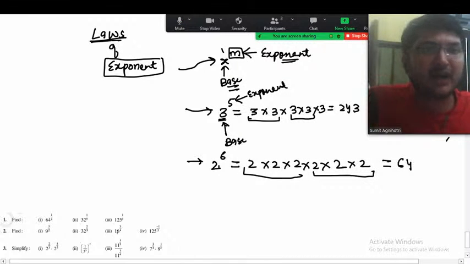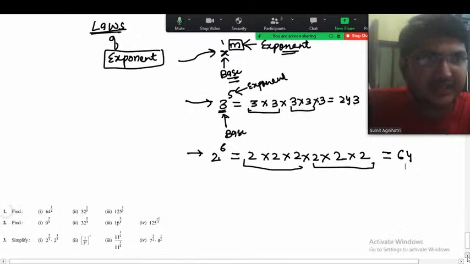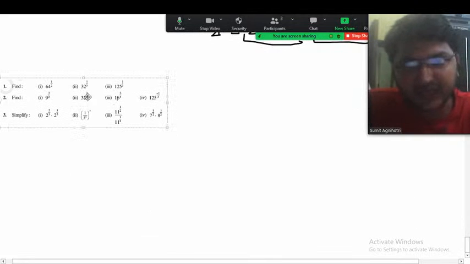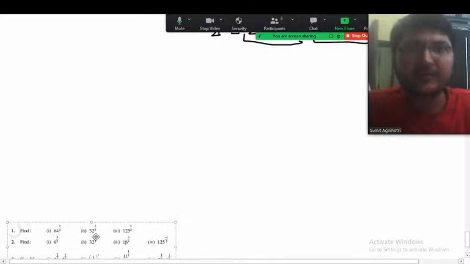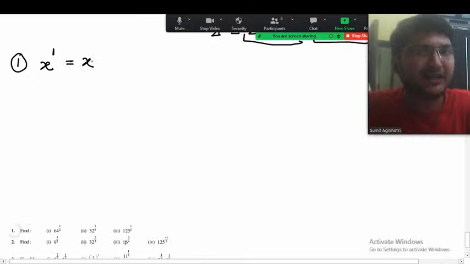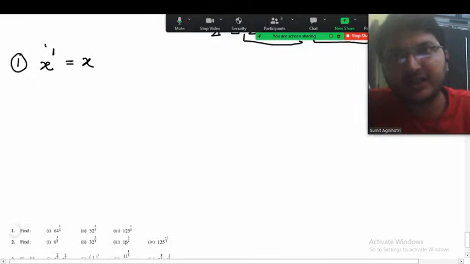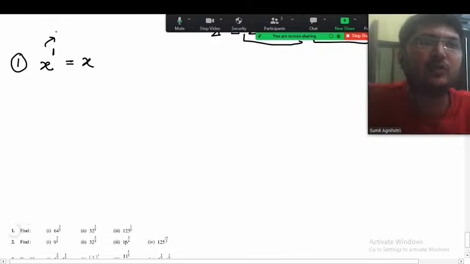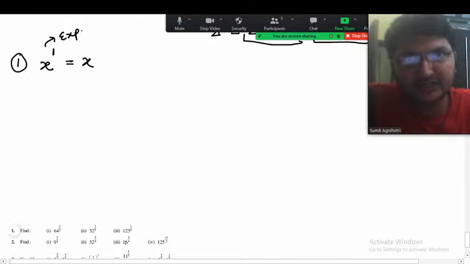This is the basics of exponent that we have covered, and then we covered laws. I'm quickly helping you to recall all these things. Under laws, the first law tells that if the power of the exponent is 1, you will get the identical value. There will be no change. You can call it the identity rule, or the exponent 1 rule.